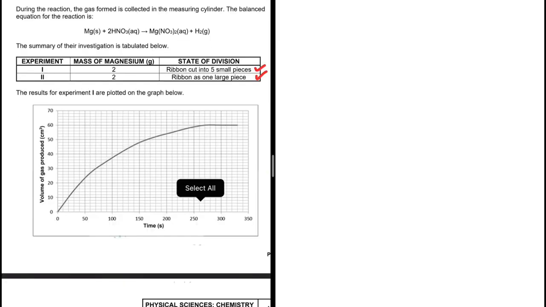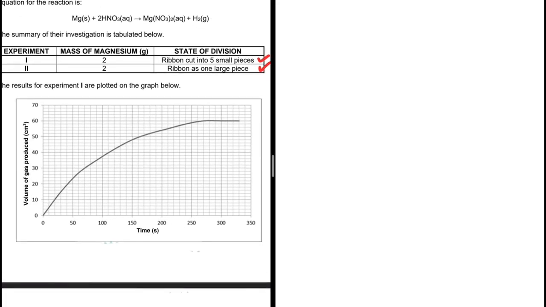We have experiment 1 and experiment 2, where the mass of magnesium is the same. What is different is the state of division, as we are investigating the effect of surface area. The results for experiment 1 are plotted on the graph below. We can clearly see the graph here where the results are plotted. On the x-axis we have the time, and on the y-axis we have the volume of gas produced.